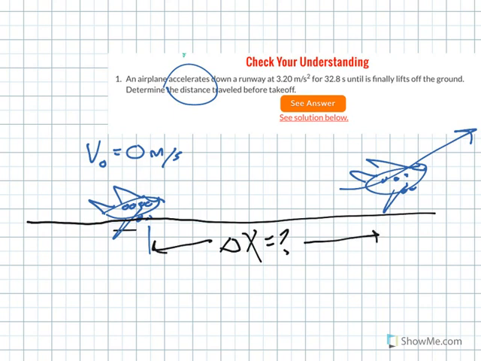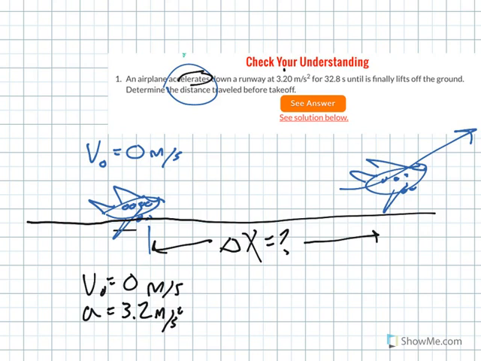So I'm going to just list the quantities in this problem that I know. I've got one of them listed already: v naught is 0. I also know the acceleration, which is 3.2 meters per second squared. That's how much speed it's gaining every second.